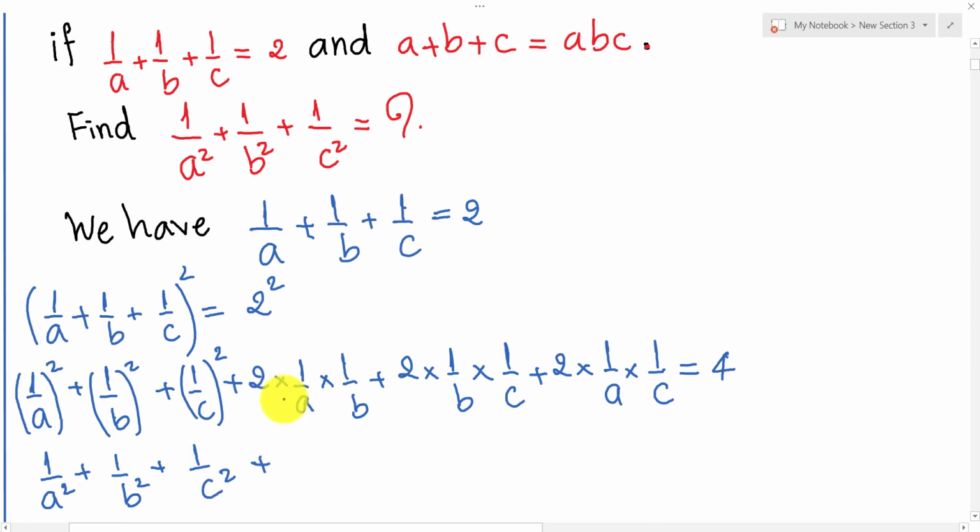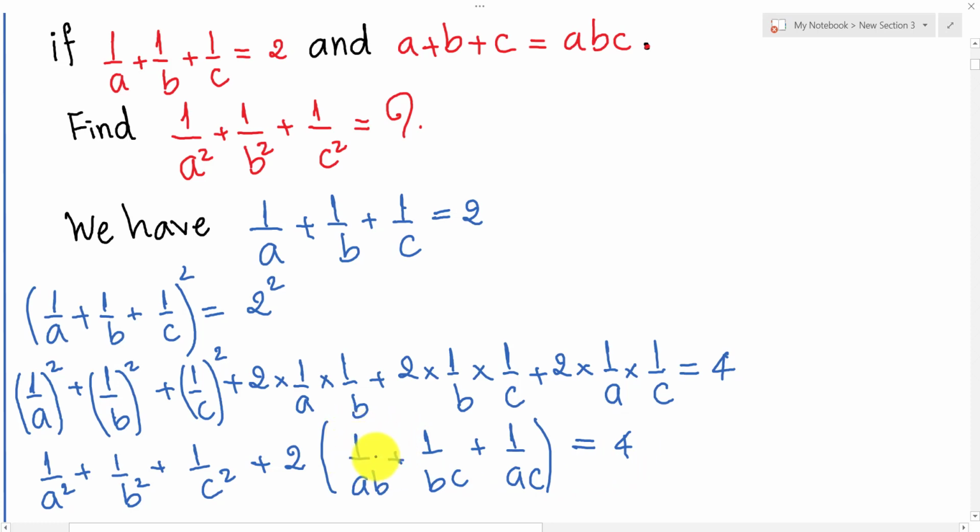plus, this we take 2 out, we get 2 factors (1 over ab plus 1 over bc and plus 1 over ac) and equal 4.